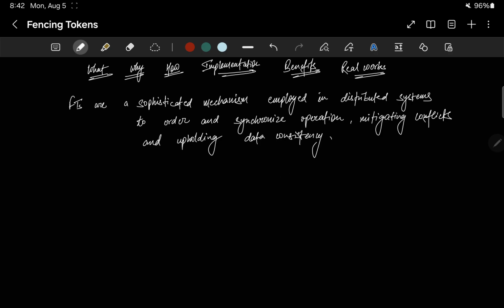So fencing tokens are unique identifiers assigned to operations to establish a definitive sequence.